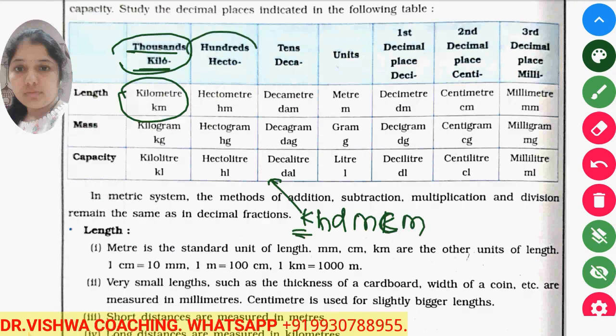H stands for 100, hecto, or hectameter or hectagram or hectoliter, you can say. D stands for decameter, decimeter, deciliter, decagram. And M stands for meter, gram, liter. C stands for centimeter and this M stands for millimeter.